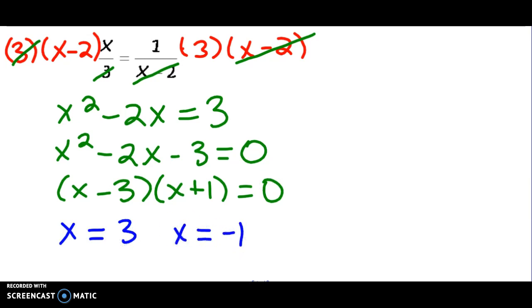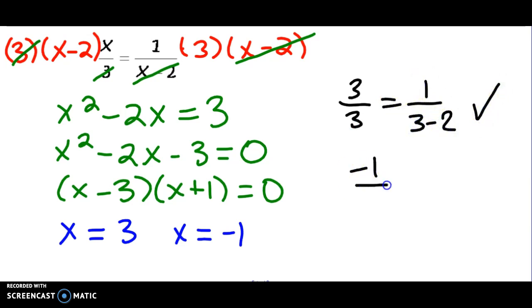Now we would want to check those to make sure they don't create extraneous solutions. So 3 over 3 equals 1 over 3 minus 2. 1 equals 1. And negative 1 over 3 equals 1 over negative 1 minus 2, which is both negative 1/3.